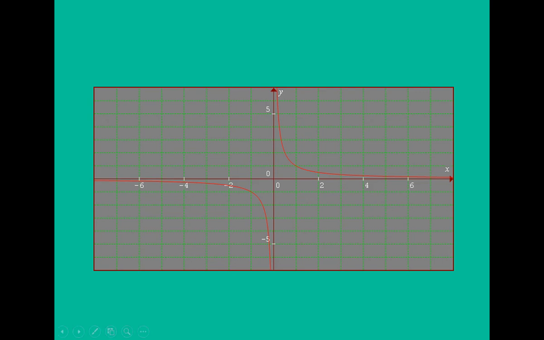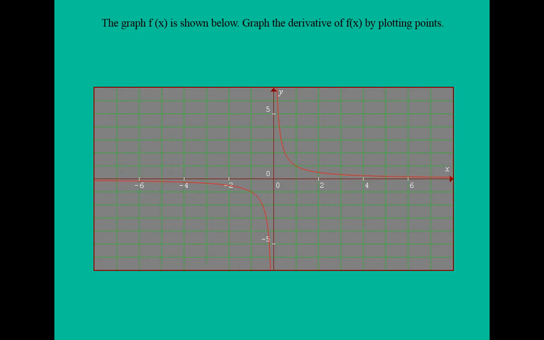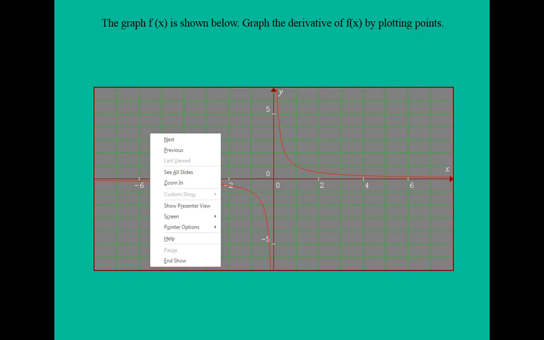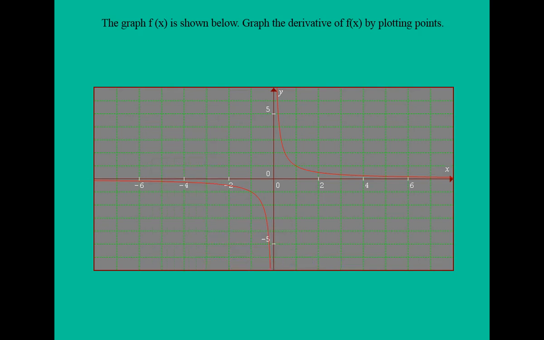So if we looked at our graph again, we saw that the slope of the tangent line at x equals -1, here's where x equals -1, we said the slope of the tangent line was -1.